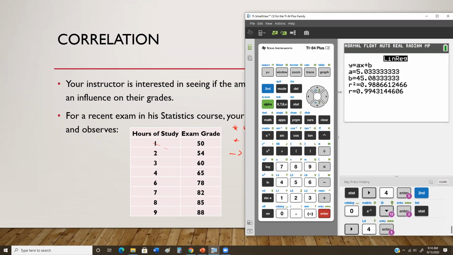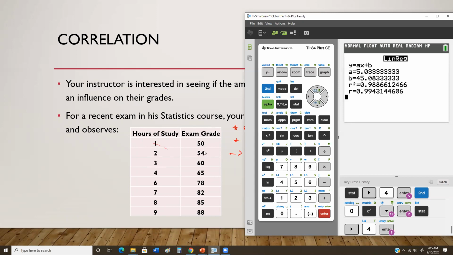Okay. All right. So R squared real quickly is called the coefficient of determination. And what it says is, it tells you the percent of variation in the response variable that can be explained by the variation in the explanatory variable. What I mean by that, do you notice how somebody who studied for 1 hour got a 50 and somebody who studied for 2 hours got a 54?